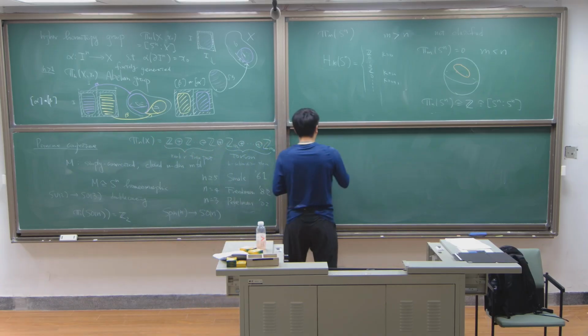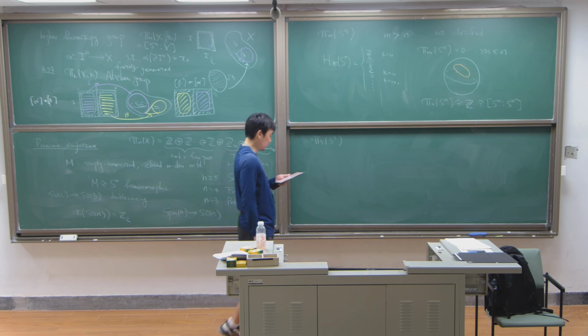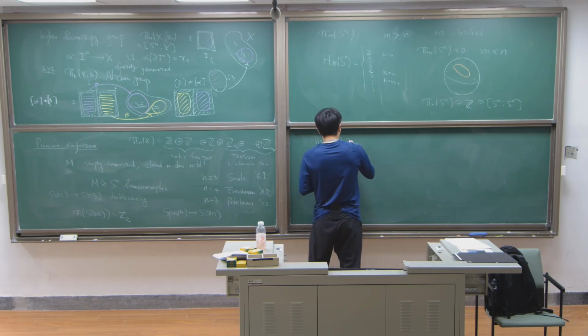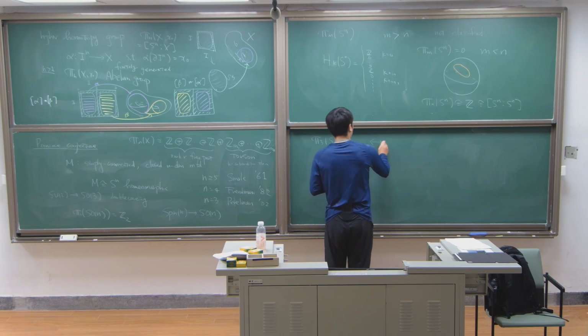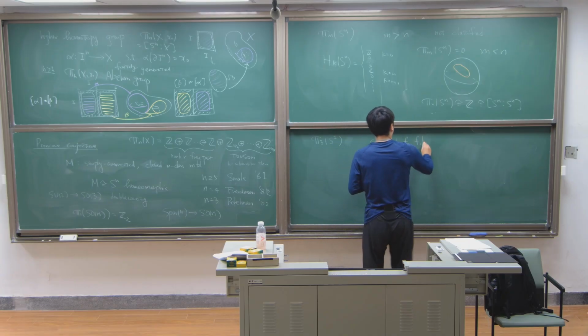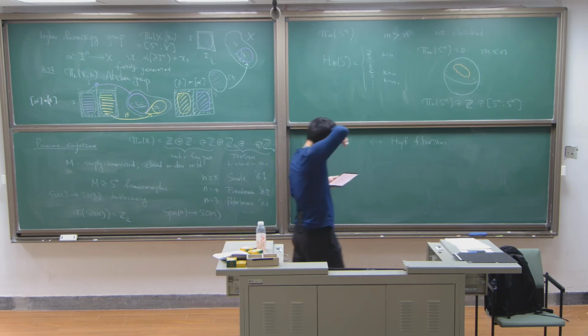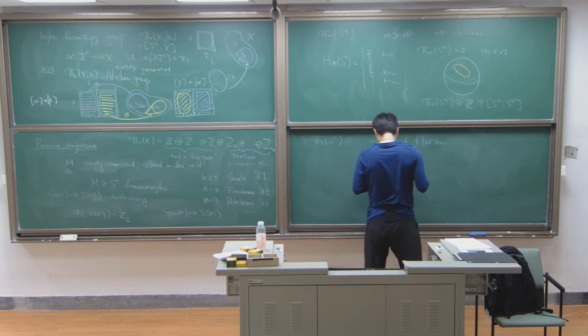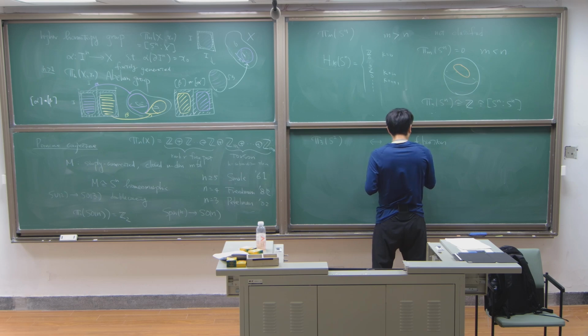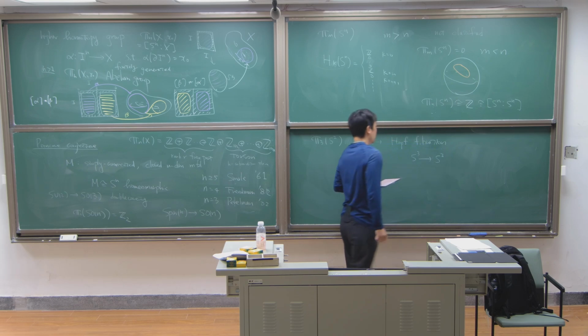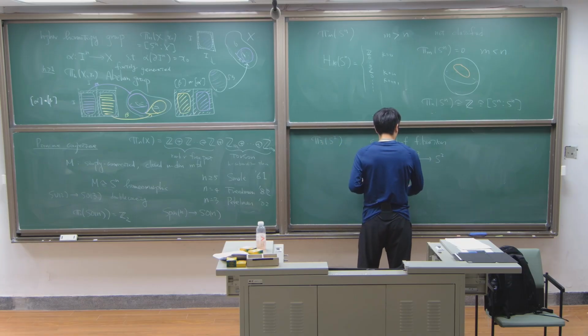So the interesting thing is pi_3. Pi_3 of S2 is in fact related to the so-called Hopf fibration. The Hopf fibration is S3 mapped to S2.